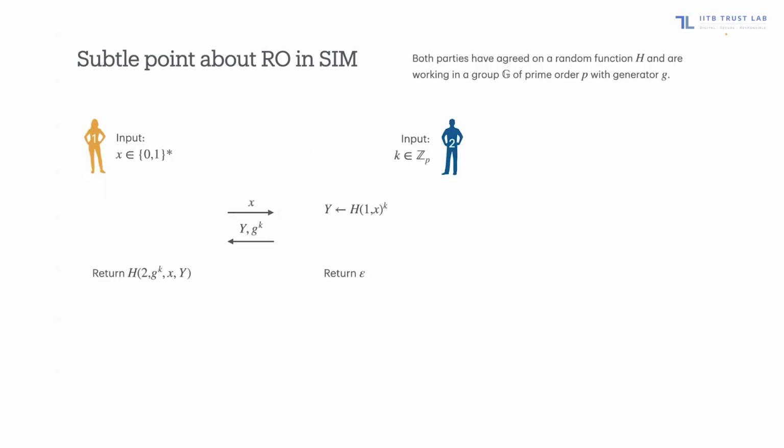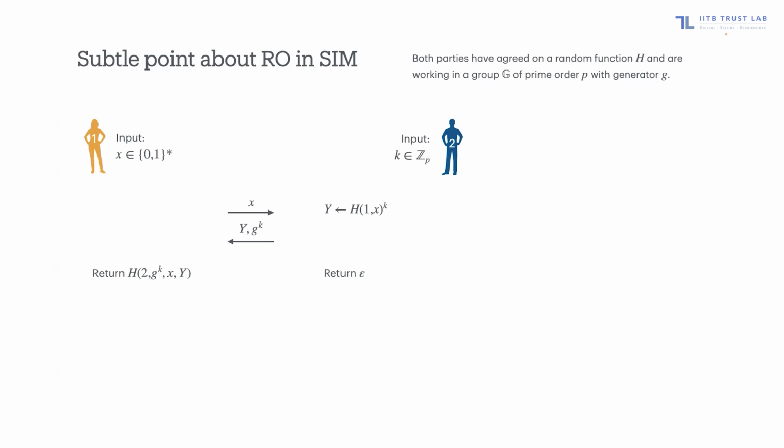To elaborate, I would use this example here. Say we have a protocol which is computing a functionality which takes as input for party one X, which is from a string space, and K, which is from an integer space, and the output for party one has to be this output from a random function, and the output for party two is just nothing.